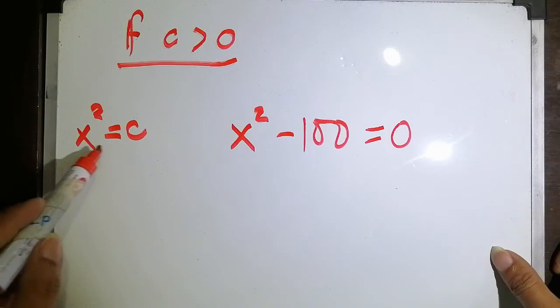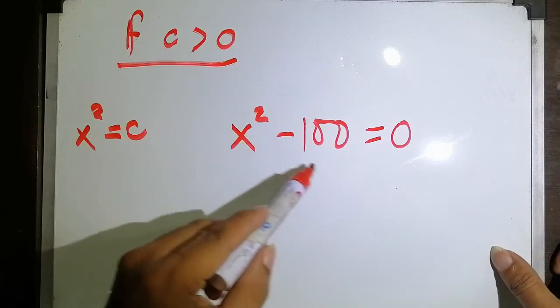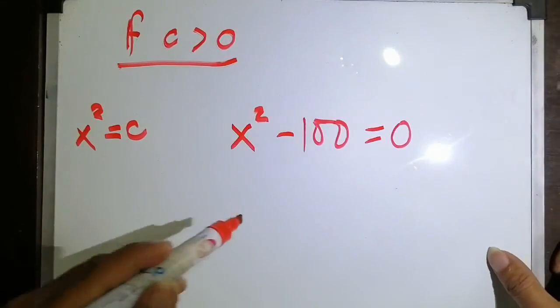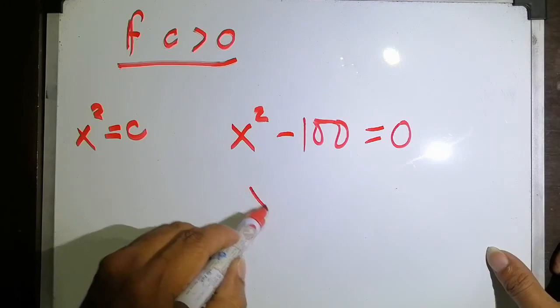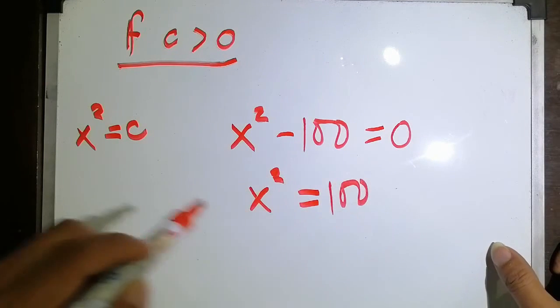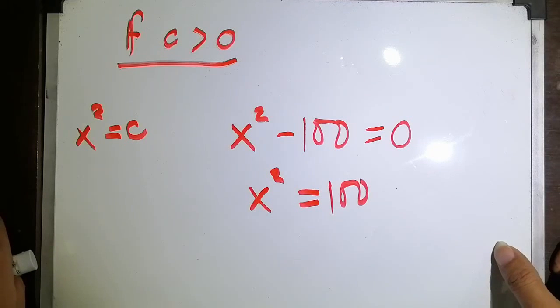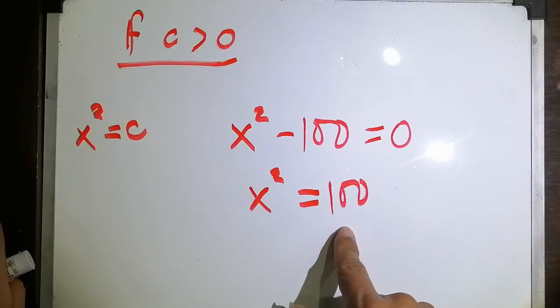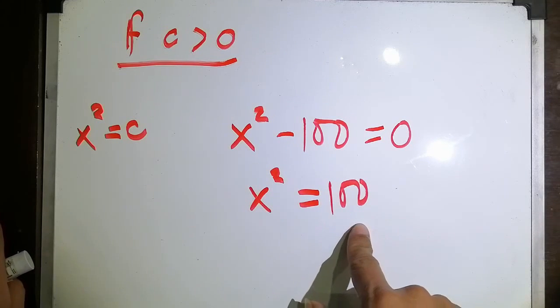So what we're going to do is to transpose the constant term here to the right side. That will become x squared equals 100. Okay, so huwag nyo lang ilagay yung 0.